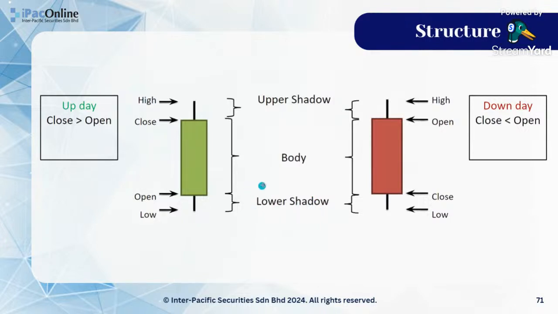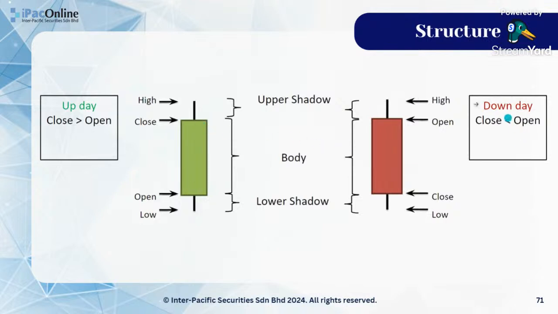Okay, so how is this candlestick formed? Let's say for a green candlestick, it is telling us that the share price opened at the low, then traveled all the way up to the high, and then closed higher than the open, forming a green body.